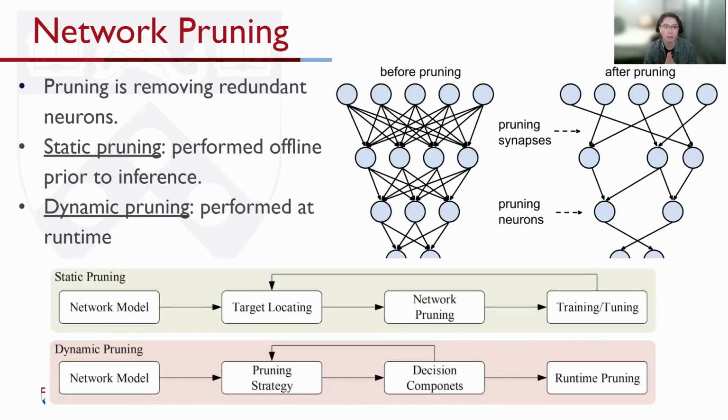So, network pruning. Network pruning is removing redundant neurons. There are two types. There is static pruning. For example, after we train the neural network, it will look like this. It's the exact architecture we designed it to be, right? But sometimes there are weights that are really small, or weights that have no use at all.